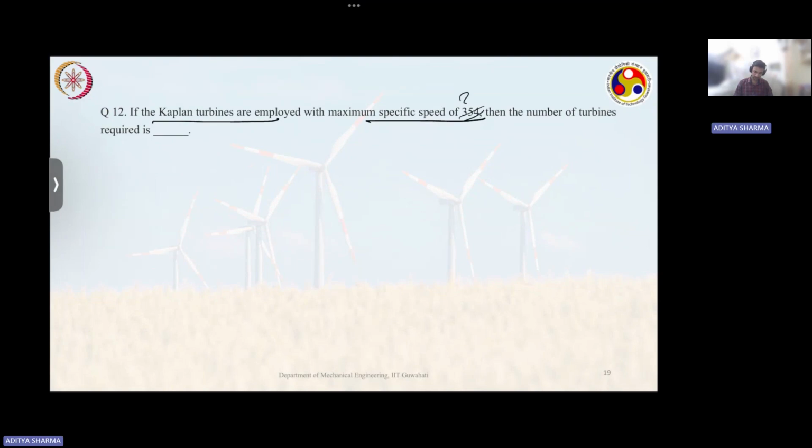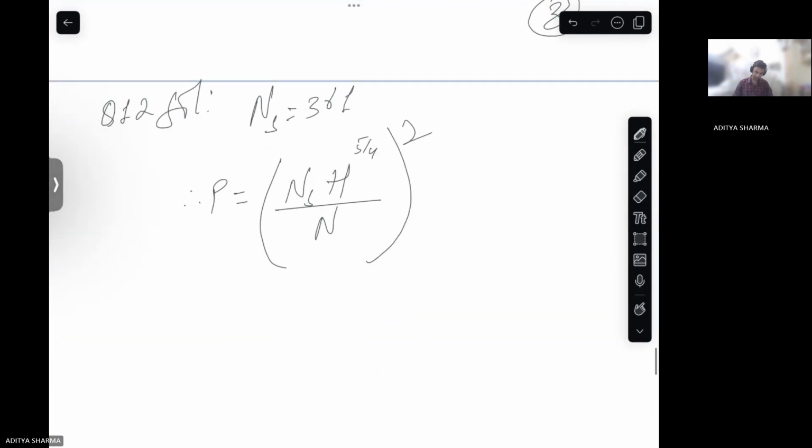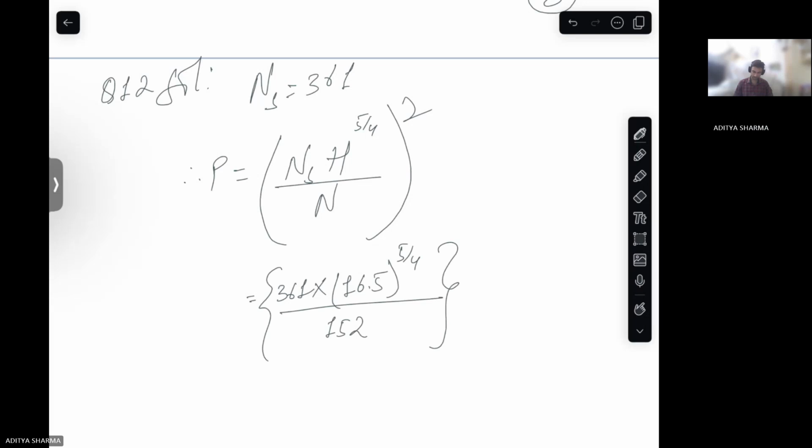I have not changed it. 361 right here. So this will be 361 into 16.5 to the power 5 by 4 divided by 152 square.